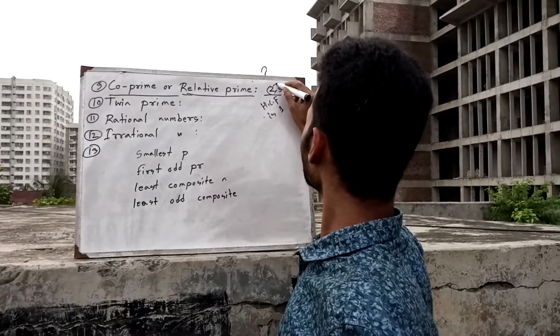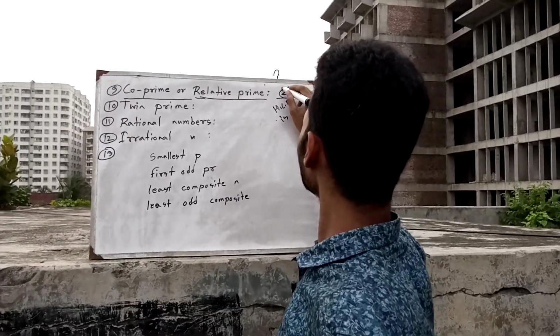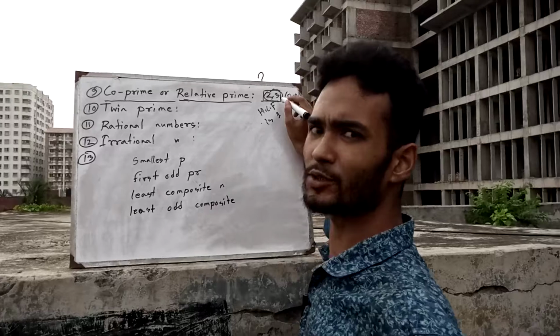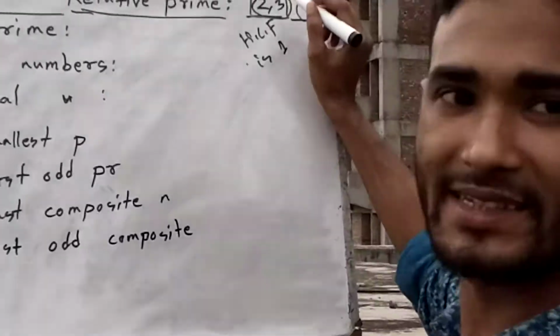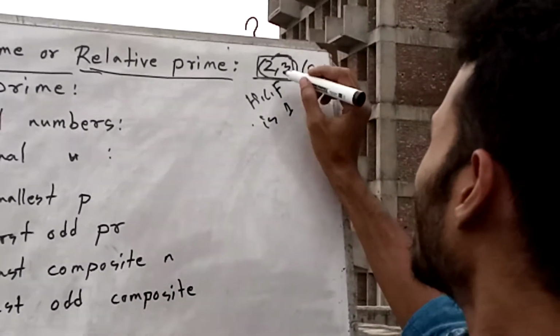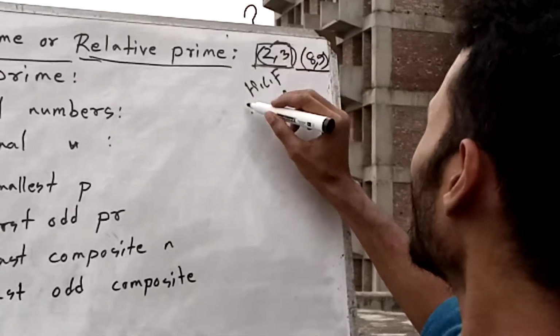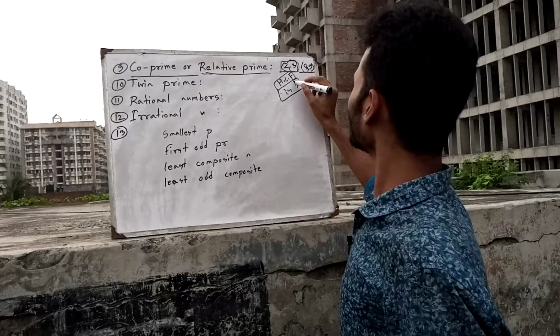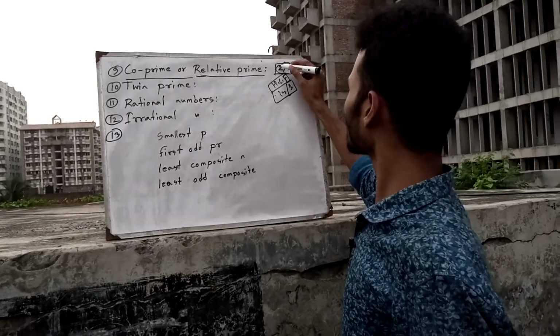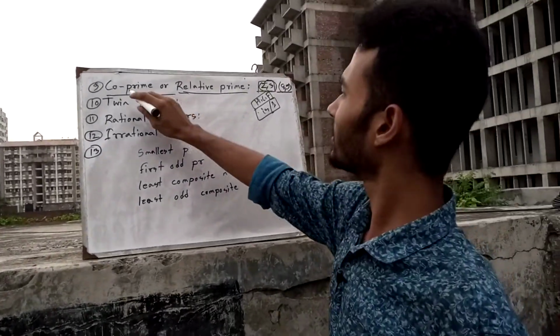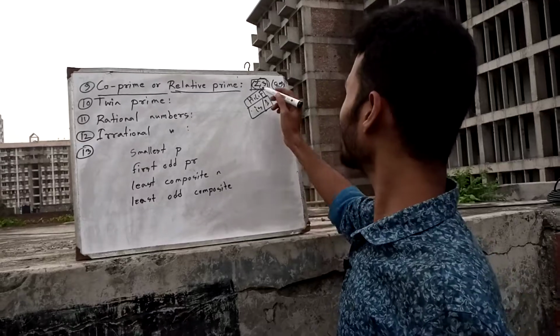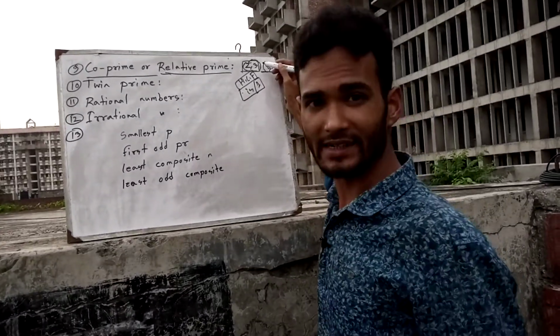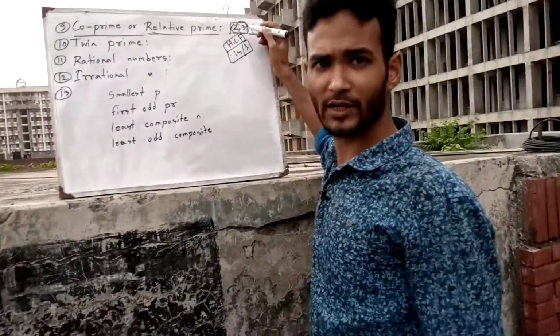Here we have the first pair, 2 and 3, two numbers. Here the HCF is 1. So we can call 2 and 3 co-prime numbers. 2 is co-prime with 3 and 3 is also co-prime with 2.